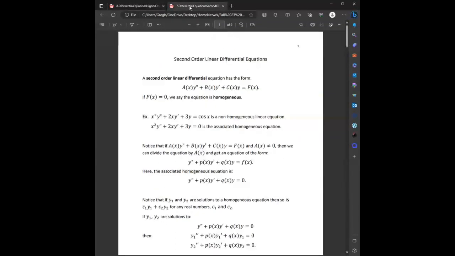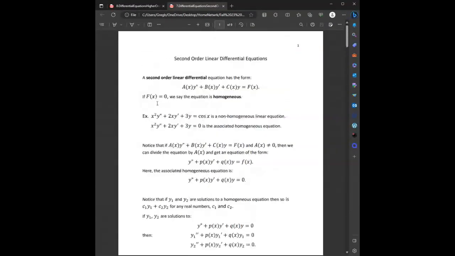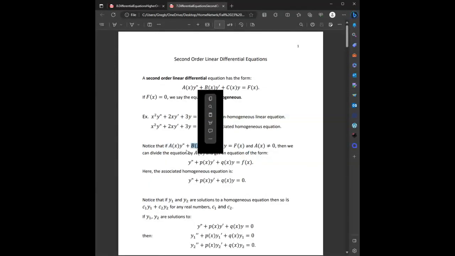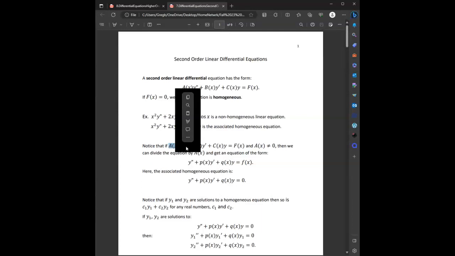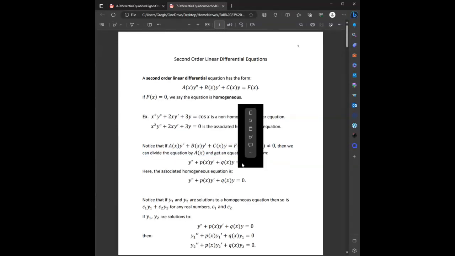You know what? I get it. Okay. Listen. So back to this one, slide 7, right? Remember how this is slide 1. So these terms, the coefficients, if you divide by a of x, which is the term on the y double prime, the remaining coefficients become the small p of x, and the big one becomes a big f of x divided by a of x.